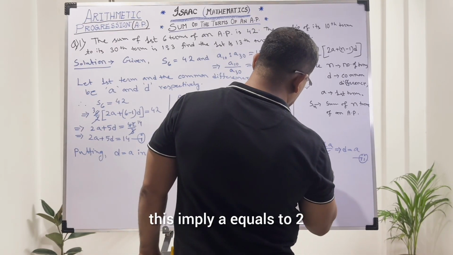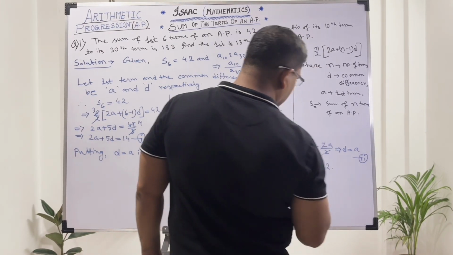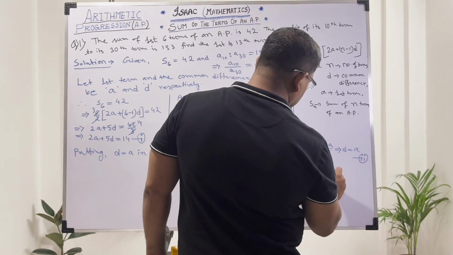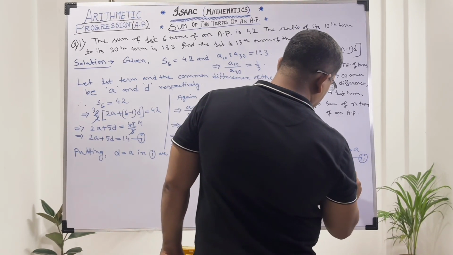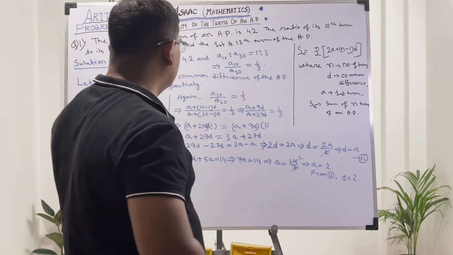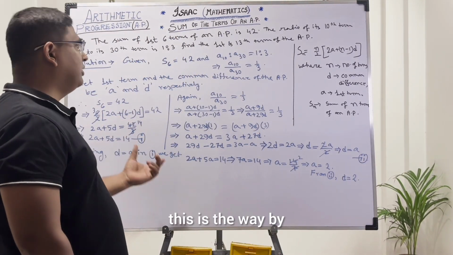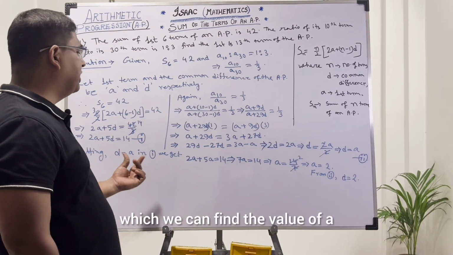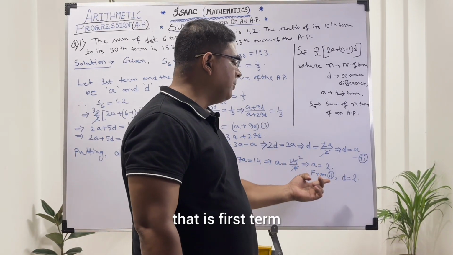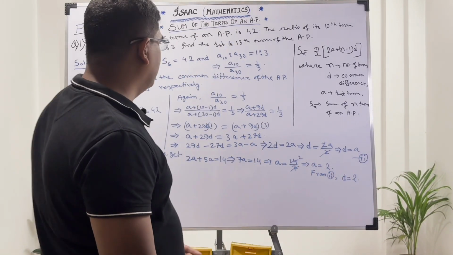This implies A equals 2. From 2, D is also 2 because D equals A. So this is the way by which we can find the value of A, that is the first term, and the common difference D.